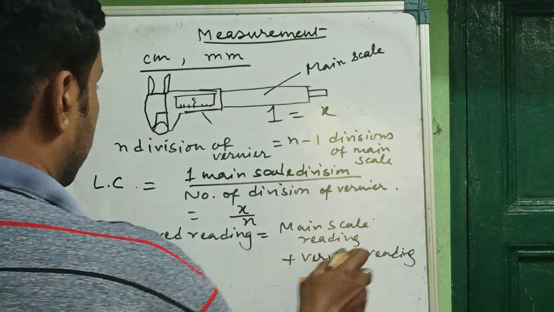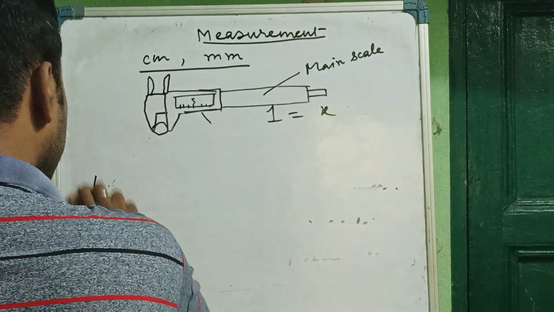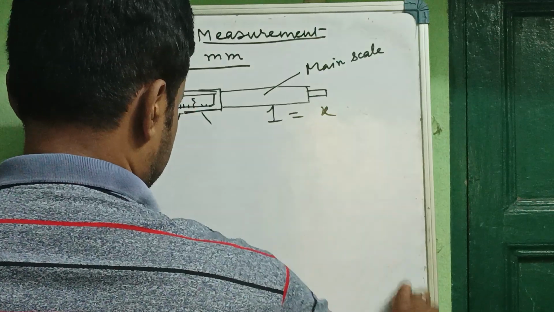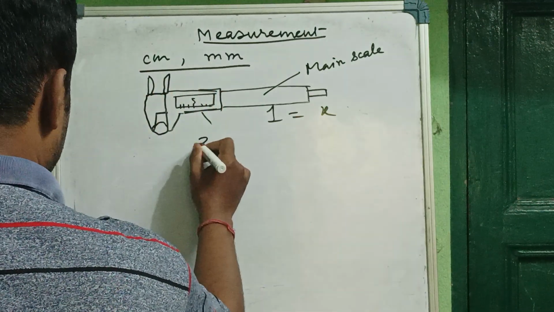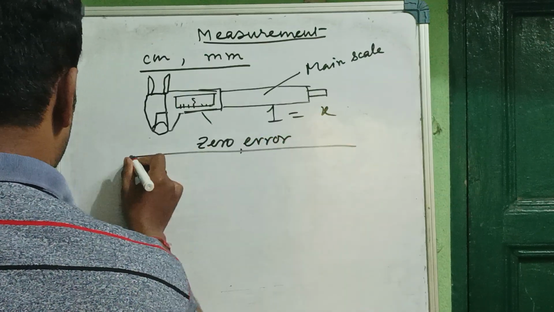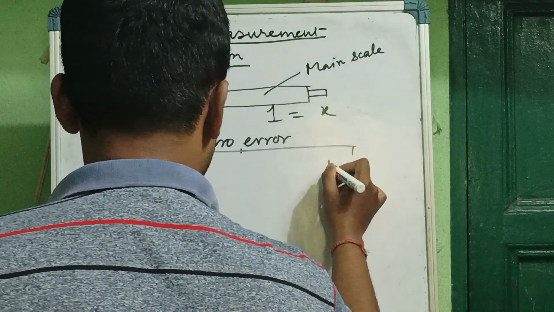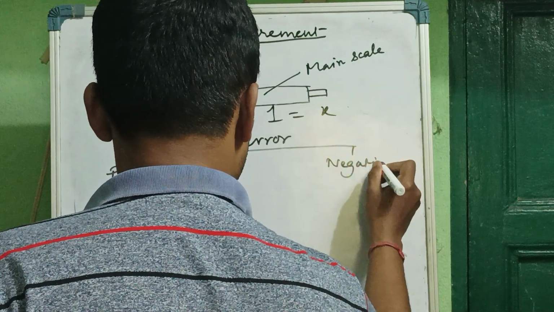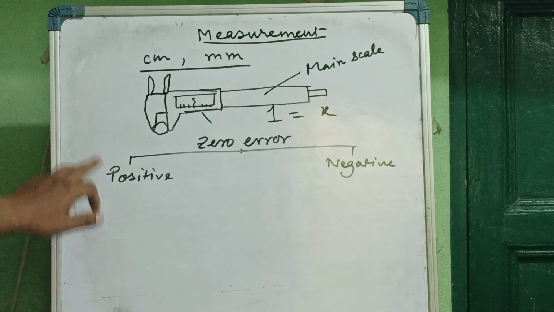Now we have to discuss zero error. Zero error occurs in both the screw gauge and the Vernier. Zero error is of two types: positive zero error and negative zero error. What is the meaning of positive zero error?